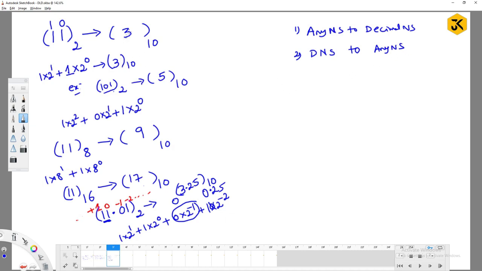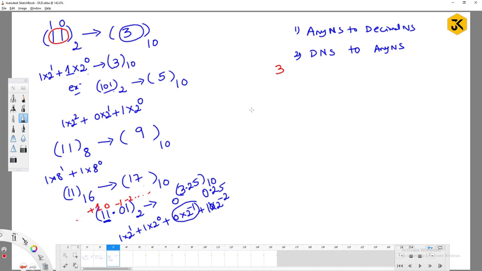For example, take the number 3. Are you going to get the value 11 or not? Check. How are we going to get it? Observe here: I converted 11 into 3 by multiplying with powers of 2. If you want to get back the same number, you do the opposite.